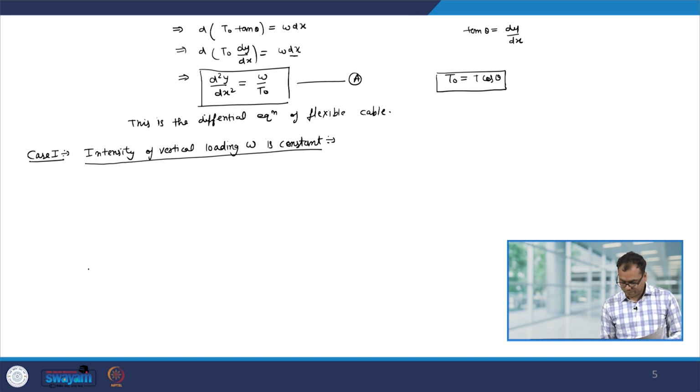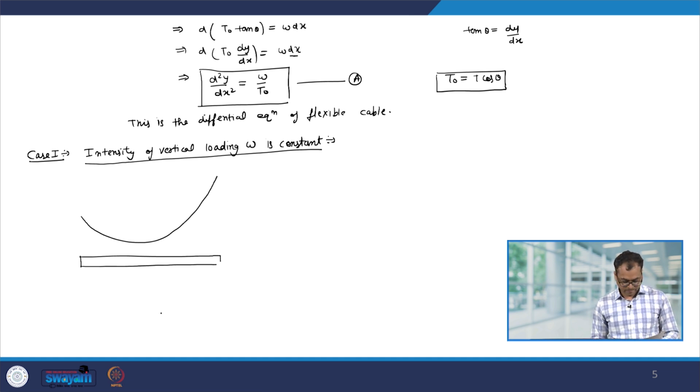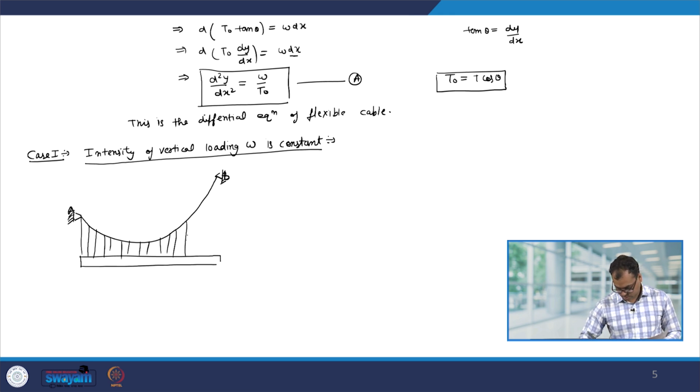So, let us say you have some load W, and this load W is held by this cable at 2 points A and B, and I have considered the general case wherein A and B are not in the same horizontal line.